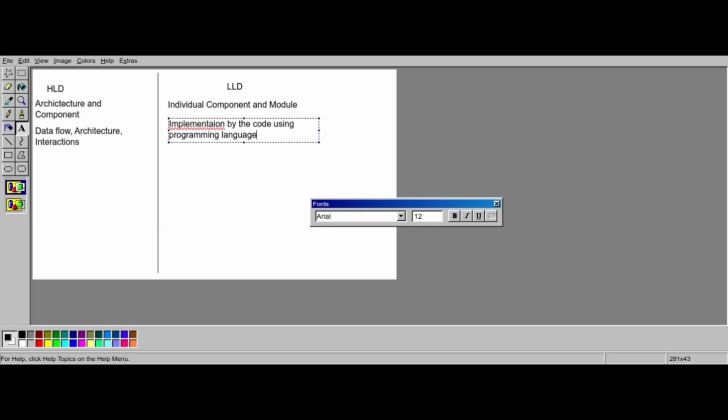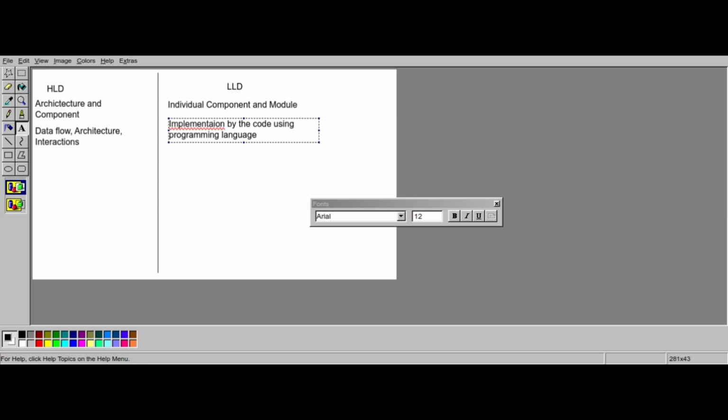Low level design is where the implementation is done by code, like HTML or CSS, or using any framework like React, Vue.js, Angular. So it's the low level design. Next, diagram types. What are the diagram types? Architecture diagram, module diagram, data flow diagrams.